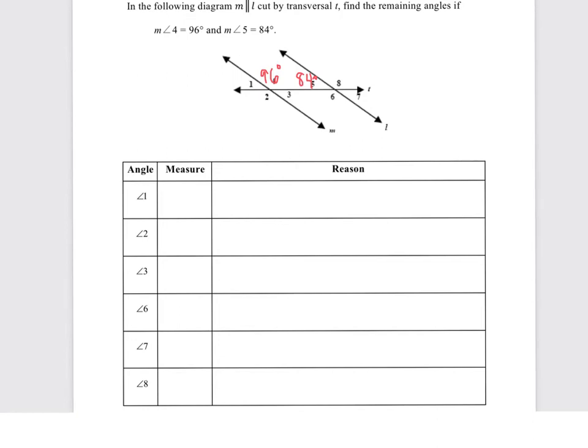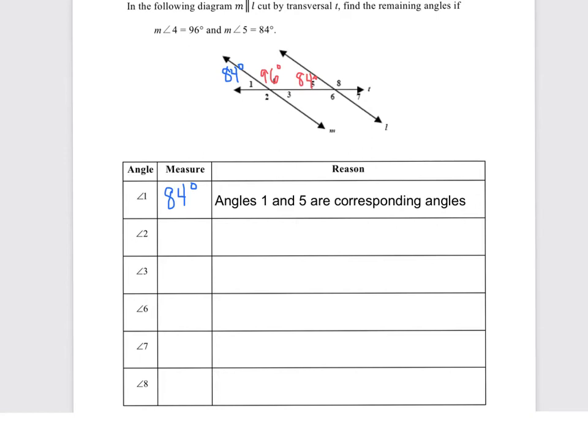Therefore, angle 1 is equal to 84 degrees. And our reason is angle 1 and angle 5 are corresponding angles. So angle 1 and 5 are corresponding angles, therefore they're equal to each other. So angle 1 is equal to 84 degrees.